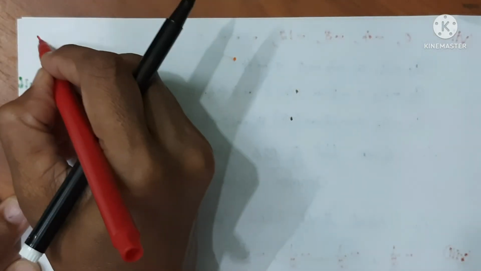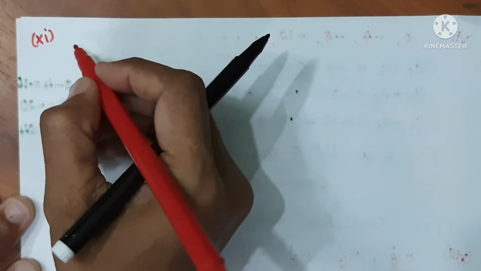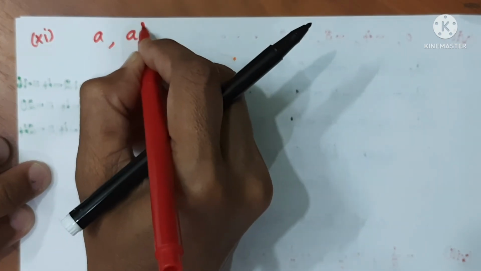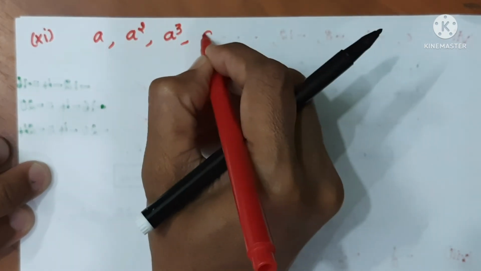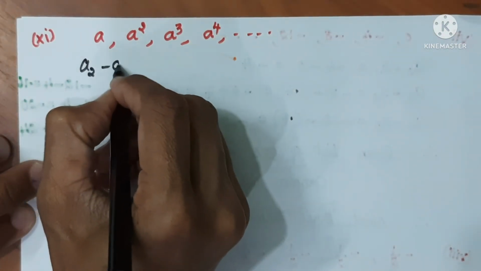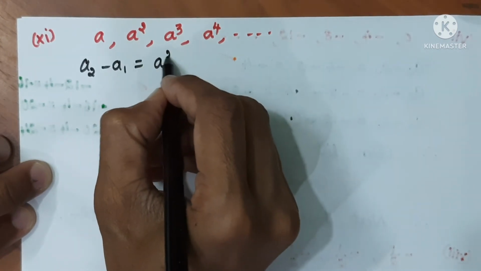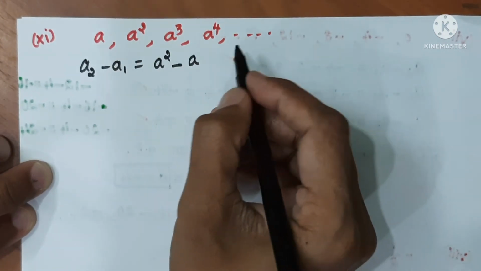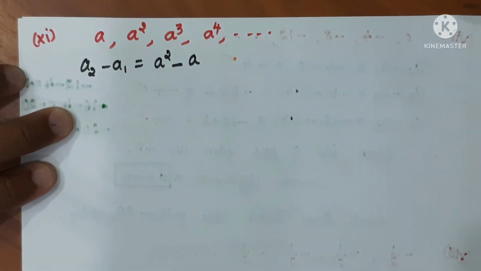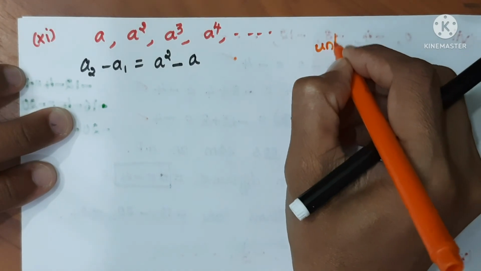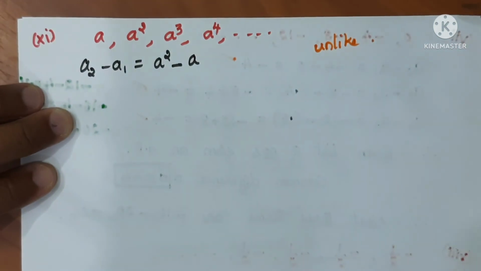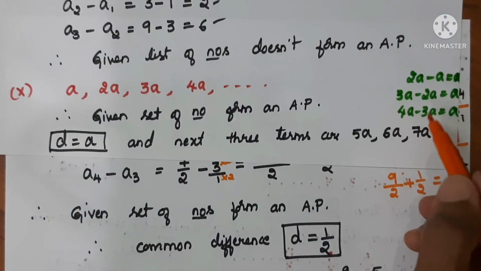Now let us find the next one. 11th one is A square, A cube, A to the power 4 and so on. Here A2 minus A1 equal to, here A2 is A square minus A1, first term is A. We cannot subtract these two numbers because they are unlike terms. If they are like terms, then only we can subtract. In the previous answer, they are like terms.